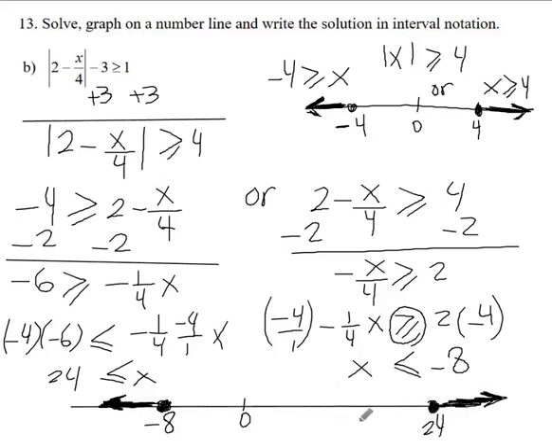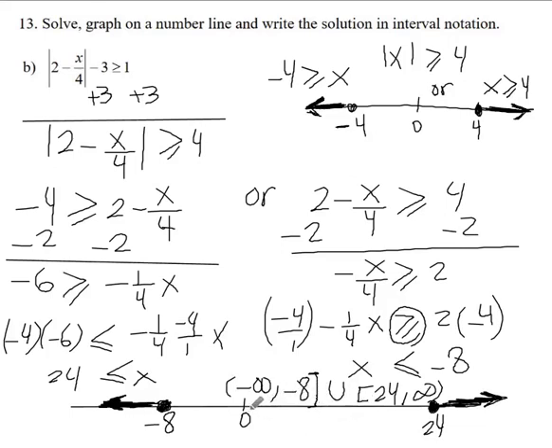You can write this in interval notation. You can say bracket 24 comma infinity, union that with from negative infinity to minus 8. I'm going to use a bracket because minus 8 is also included. That would be the interval notation.